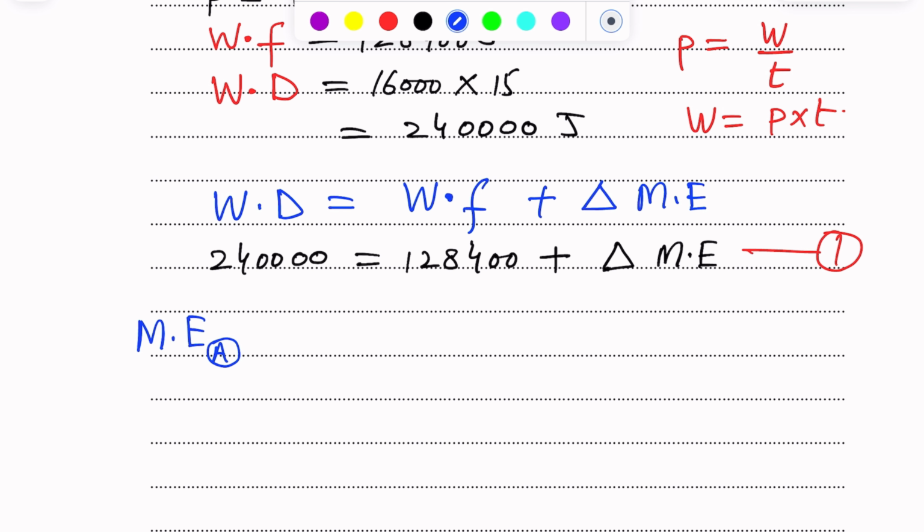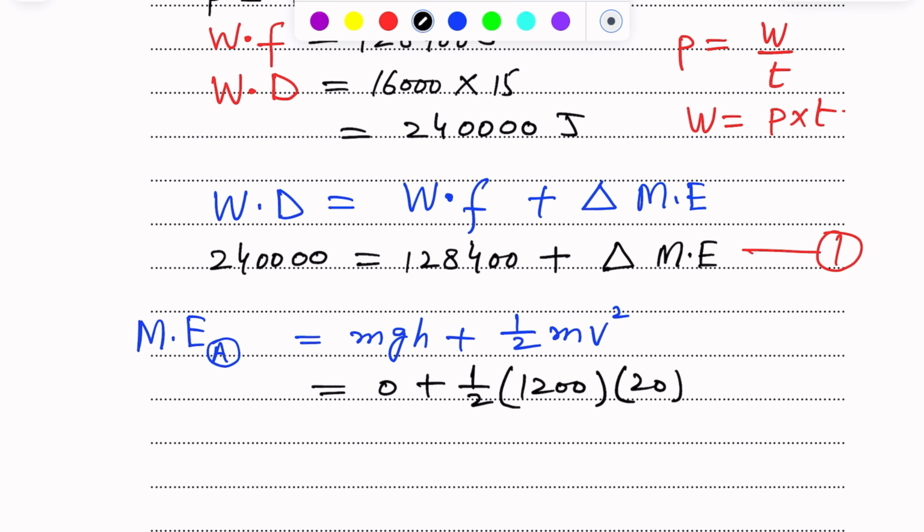Mechanical energy at A will be mgh plus 1 over 2 mv square. Since the height is 0, the potential energy is 0, and the kinetic energy is 1 over 2 times 1200 times v square, where v at A is 20. Simplifying, we get 240,000. This is the mechanical energy at A.